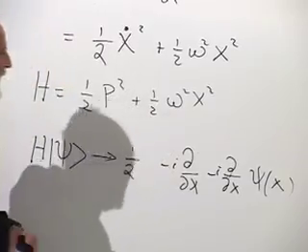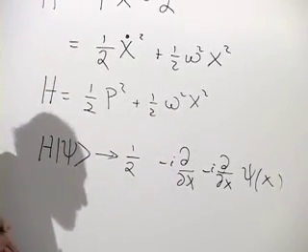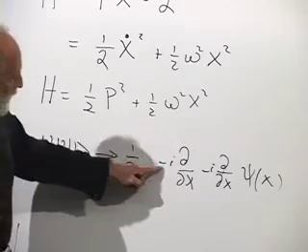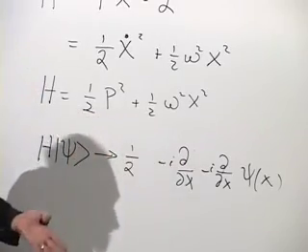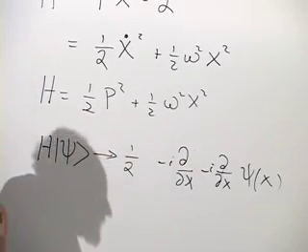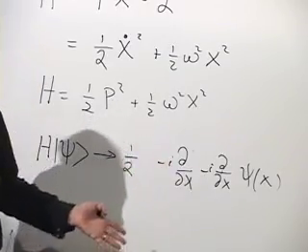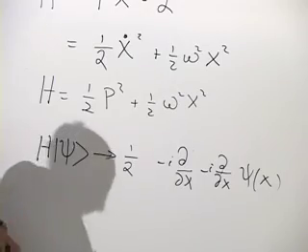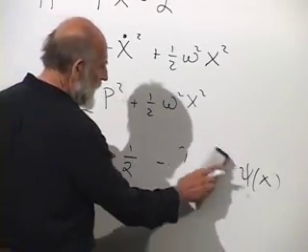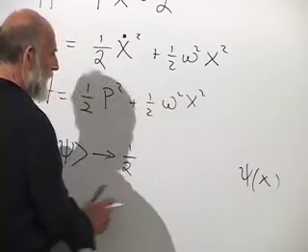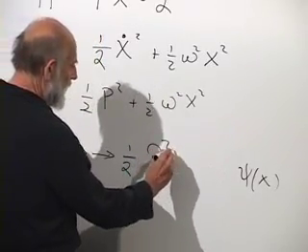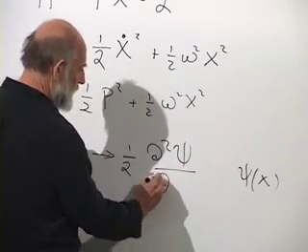And what is that? That's the second derivative of psi with respect to x. Minus i times minus i gives us a minus sign. Minus i times minus i is the same as plus i times plus i, which is altogether minus 1. Did you get that? Okay. So this is minus 1/2 d second psi by dx squared.